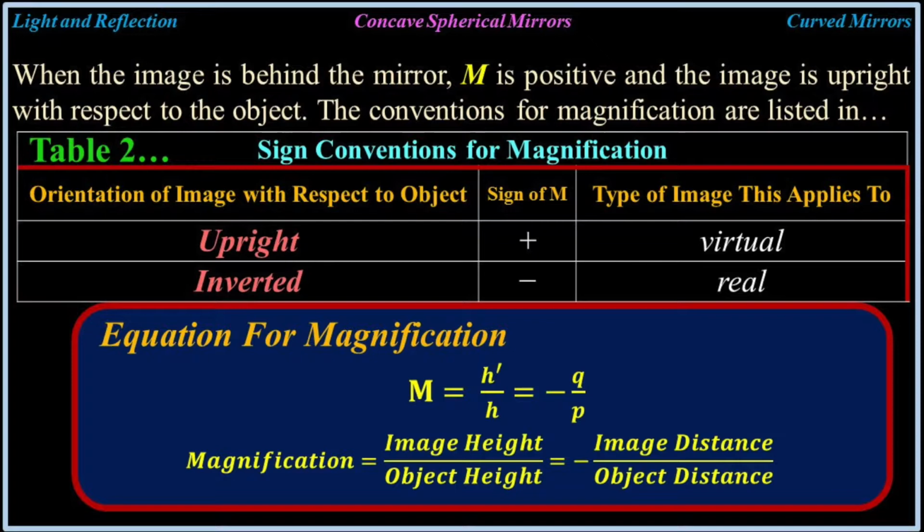If it's inverted, real, it's negative. Equation for magnification: M equals H prime over H, which equals negative the quotient Q over P. Magnification equals image height over object height, which equals negative the image distance over the object distance.